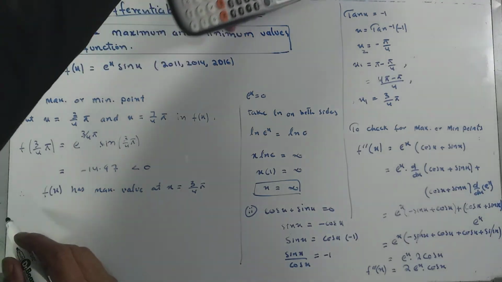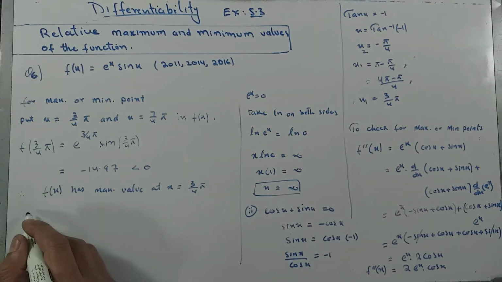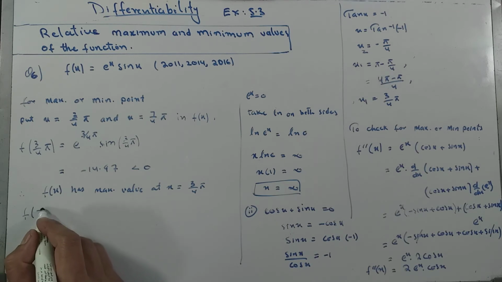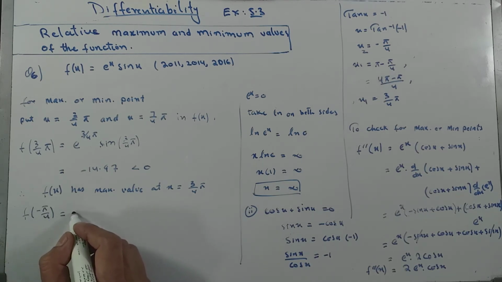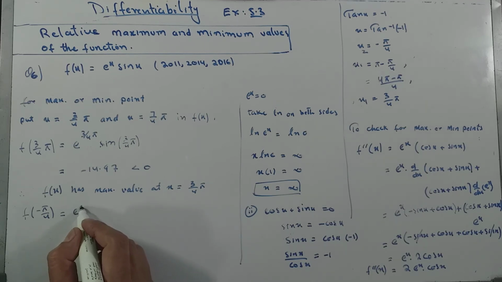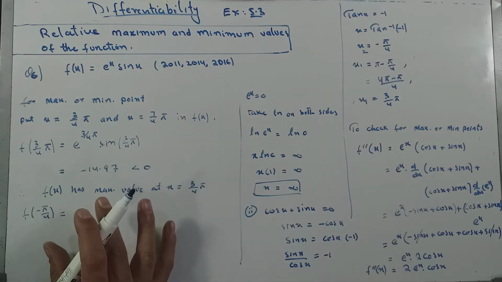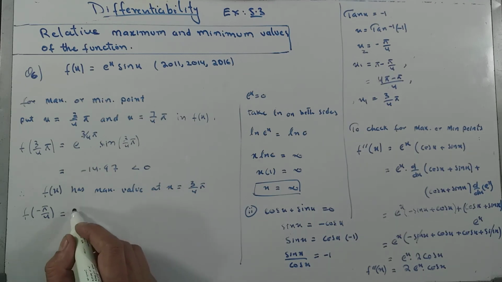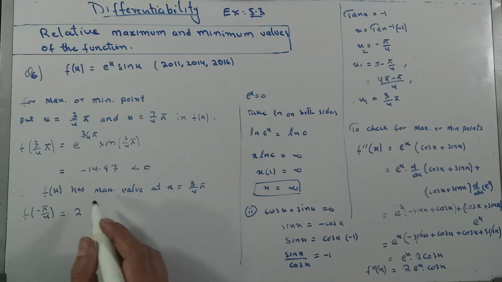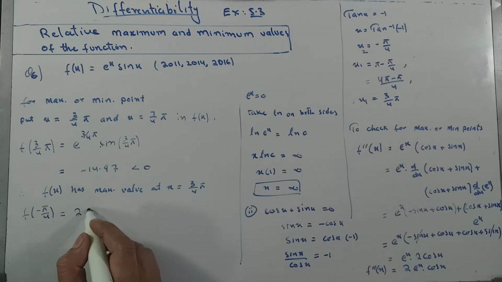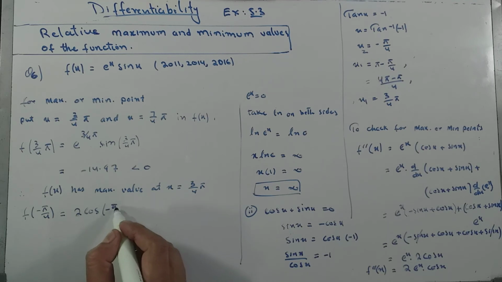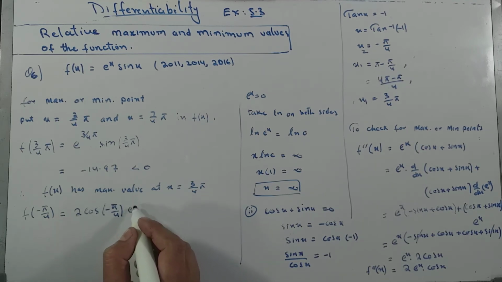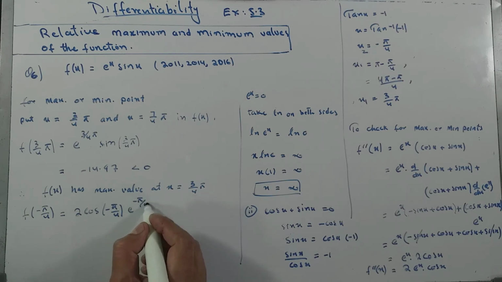Now put the value x equal to minus pi upon 4 in the function. f of minus pi upon 4 is equal to 2 multiplied by cos x, where x is minus pi upon 4, multiplied by e^(minus pi upon 4).